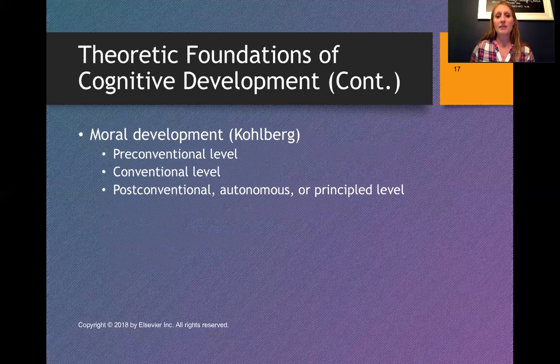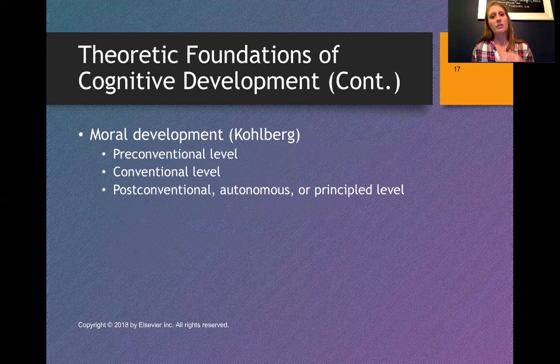And then the post-conventional kind of aligns with Erikson's last stage as well, to where we're able to make those individual distinctions and individual decisions around our ethics and morals. So if we come to this fully developed post-conventional stage, we're not going to allow the influence of others to affect our core belief system.